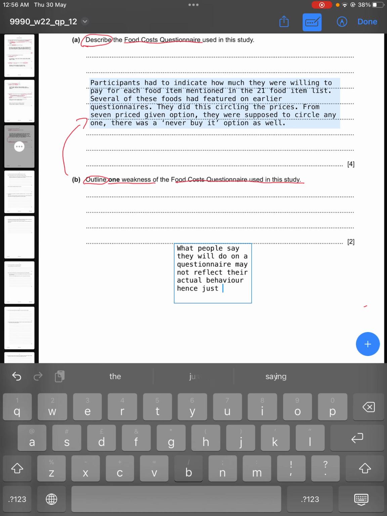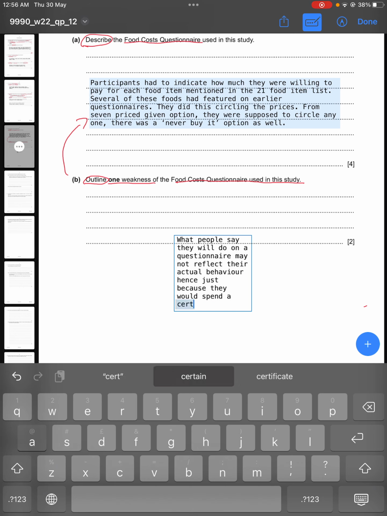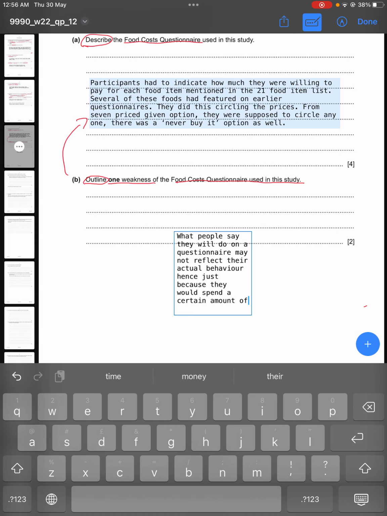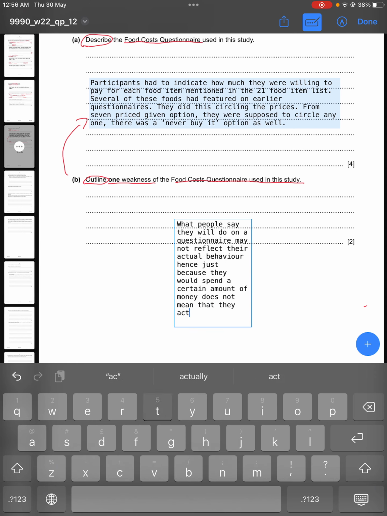Hence, just because they would spend a certain amount of money does not mean that they actually will.